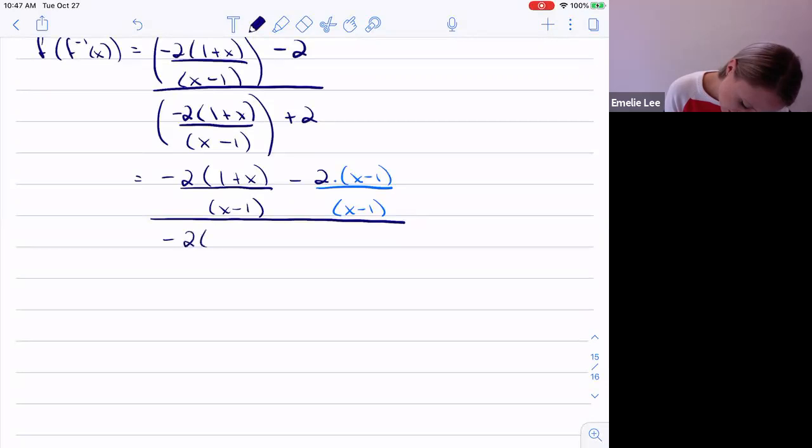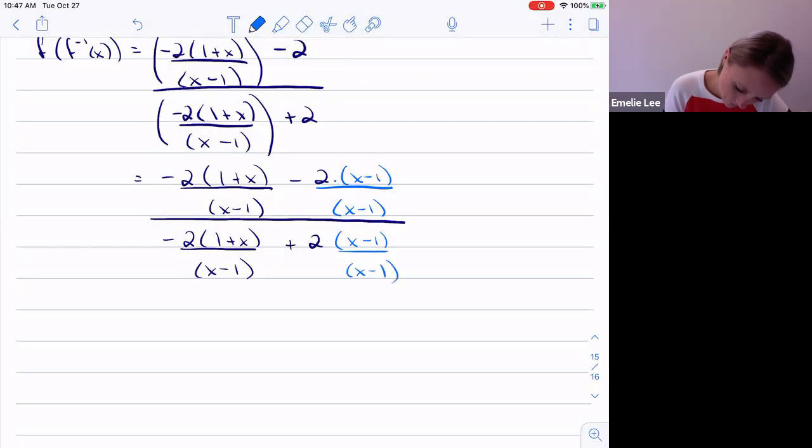So I get -2 times 1 plus x over x minus 1 plus 2 times x minus 1 over x minus 1. So now I've got the same common denominator down here.